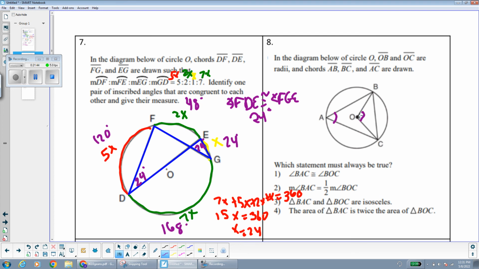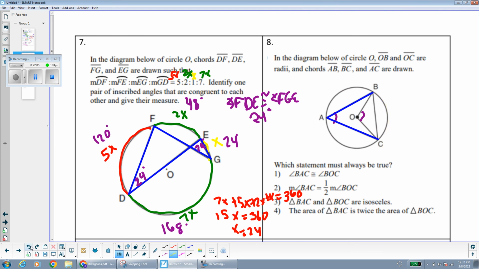Well, I'm already thinking that's not true, and let me tell you why. So the first angle, angle BAC, is an inscribed angle. It has its vertex on the circle, and it's intercepting arc BC over here. So it's half of arc BC.